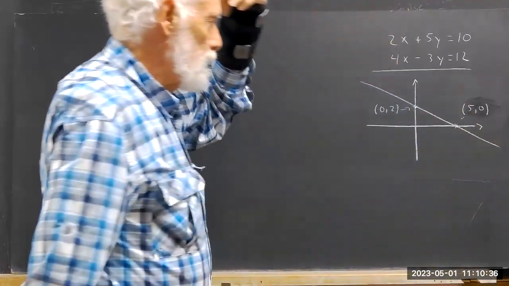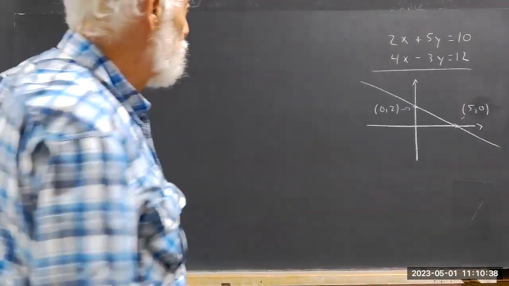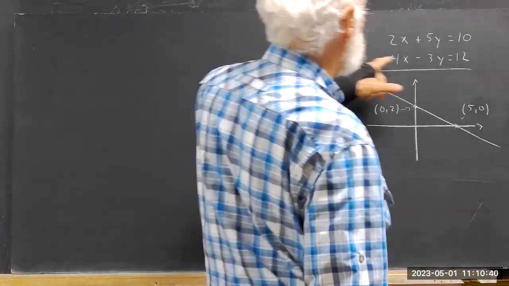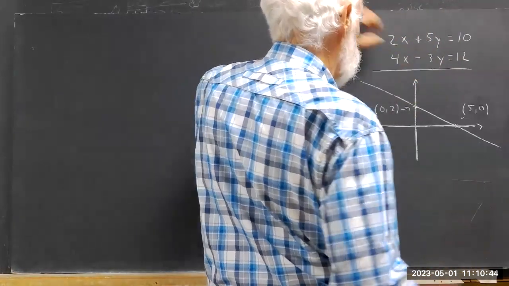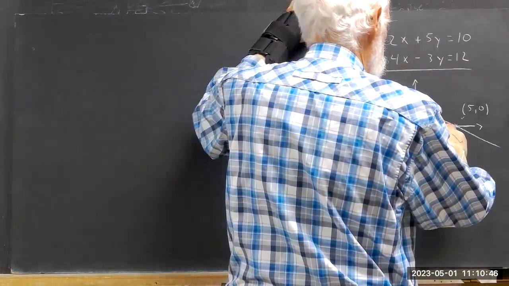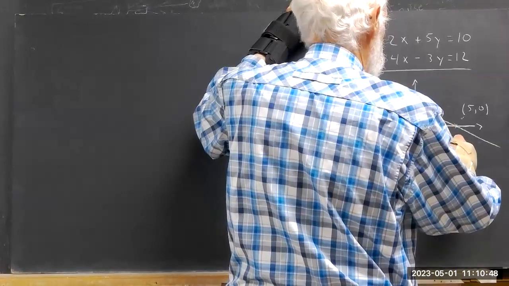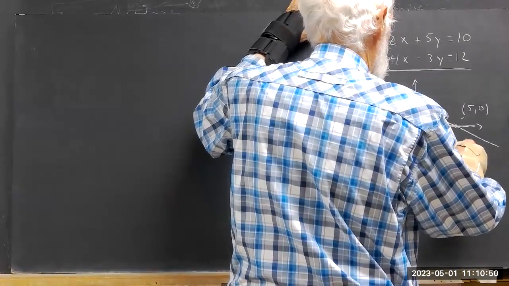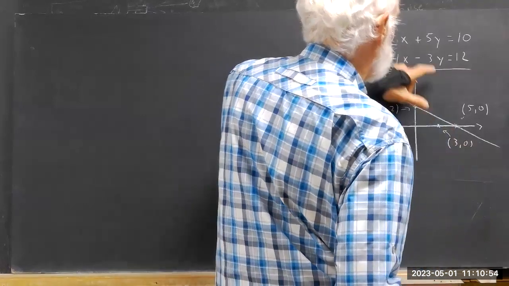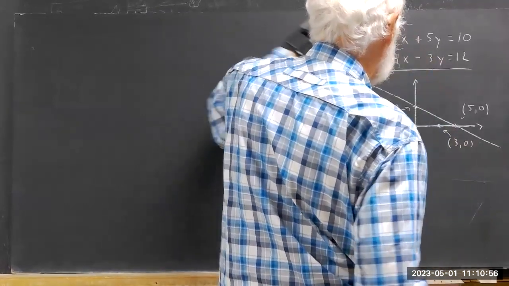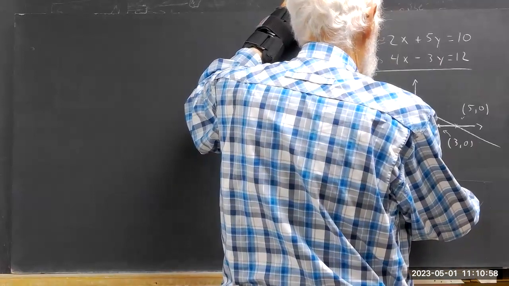And you can sketch a straight line through those points. Then 4x minus 3y, well, we do the same thing. y is 0, 4x equals 12, so x would be 3. So I got them in the right order this time. And if x equals 0, y is going to equal -4.